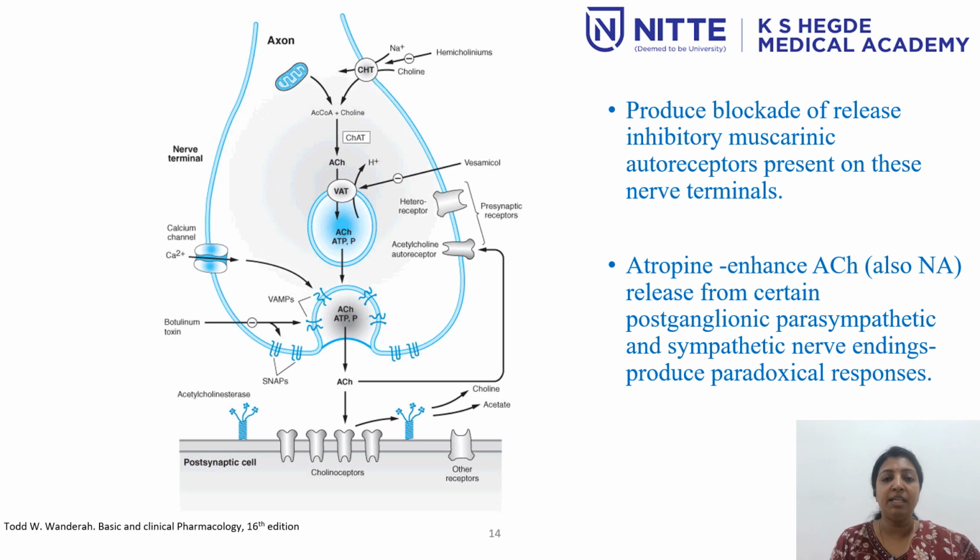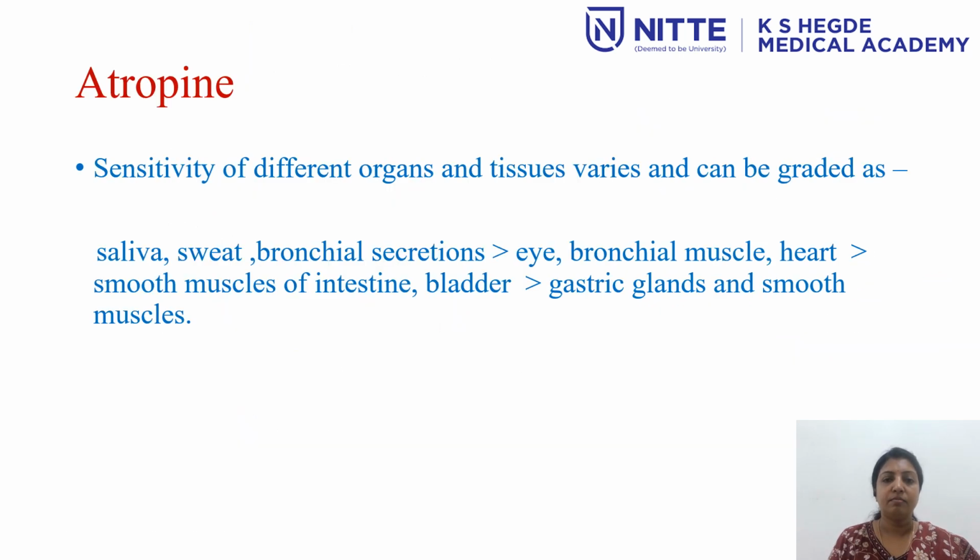What we saw, bradycardia in low doses, is due to blockade of these autoreceptors on the presynaptic junction. Atropine usually has high affinity for exogenously administered cholinergic drugs rather than for the parasympathetic, increasing parasympathetic tone.